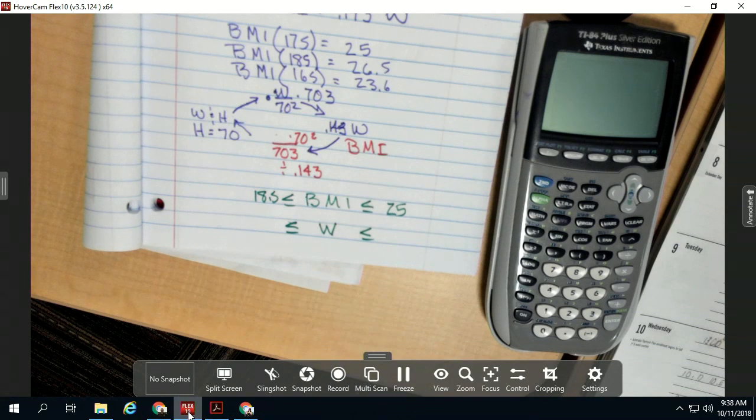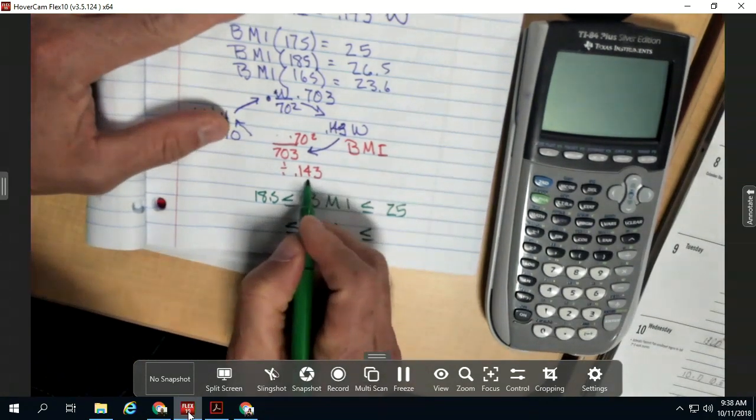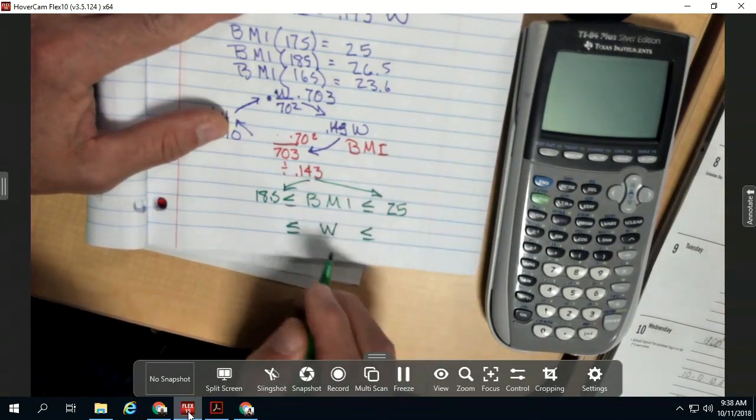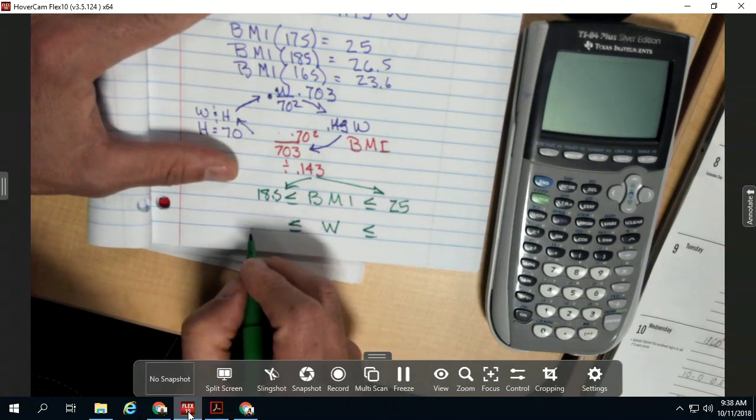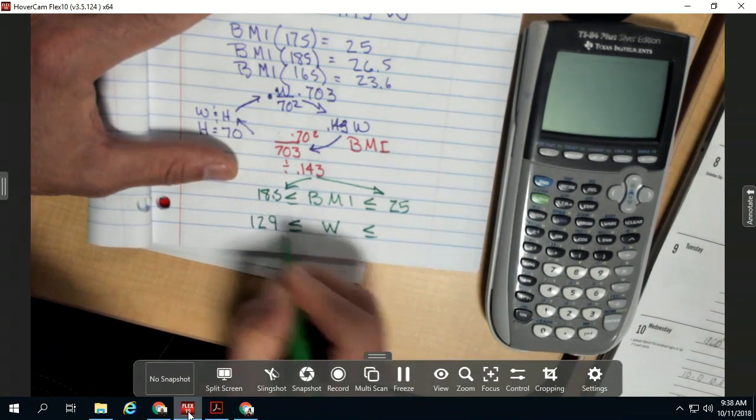So what do you get for 18.5 divided by 0.143? Ren, what'd you say? 129.